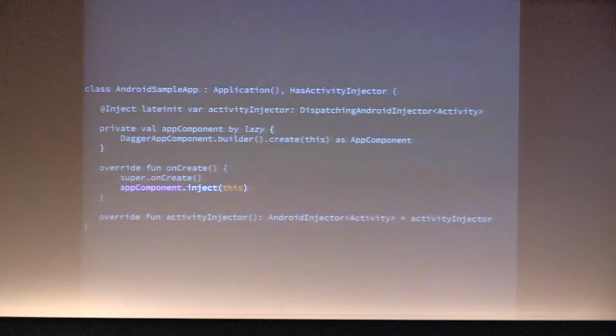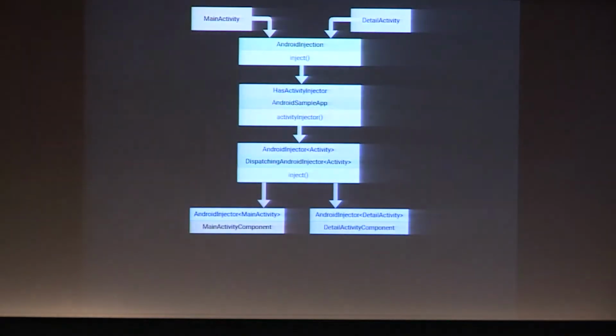So the Dagger application class makes sure that these kinds of things don't happen and that you don't get weird bugs. So be careful. And then, as you see here, our activity injector, even though we are returning an Android injector, is in fact a dispatching Android injector. So what is this class? We will now see what it does.